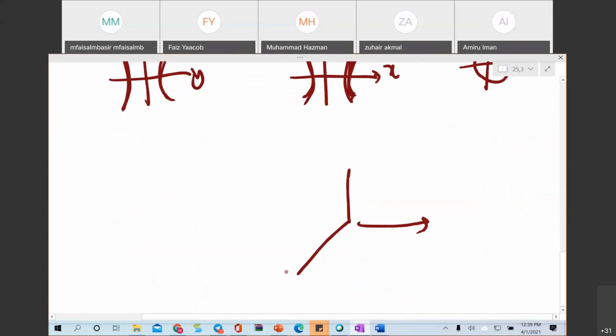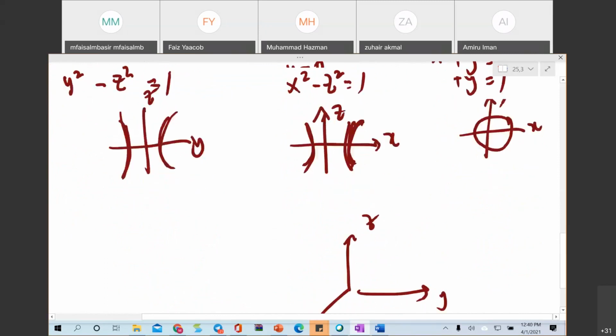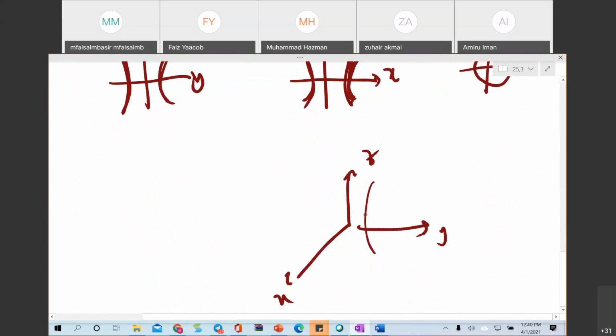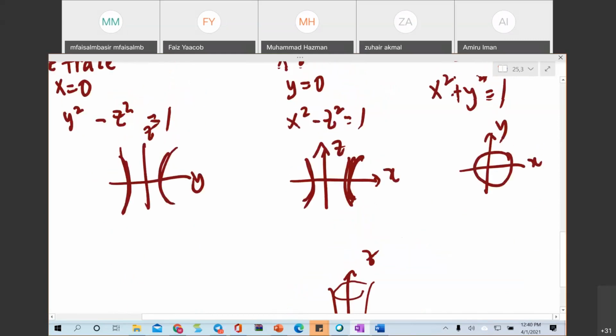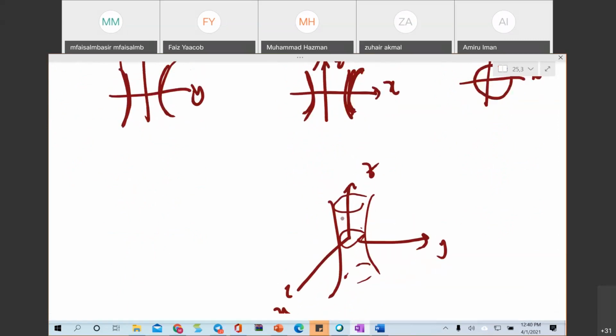So when you draw the 3D, you have x, y, z axes. It is something like this. Inside them we have a circle. And then you have xz, zy, zx.